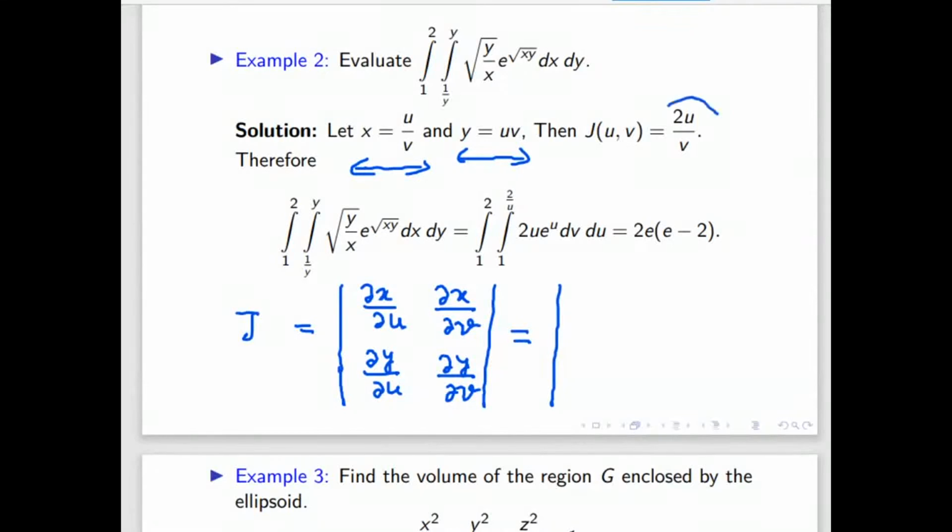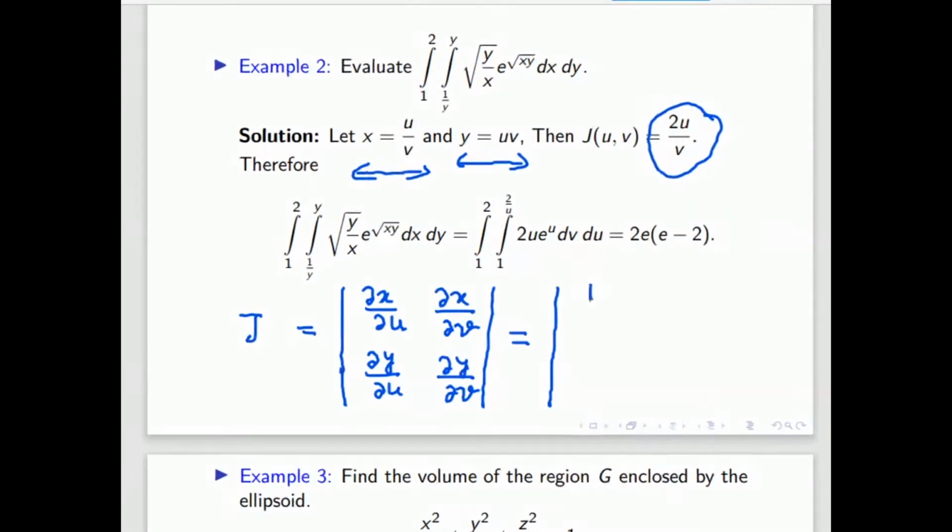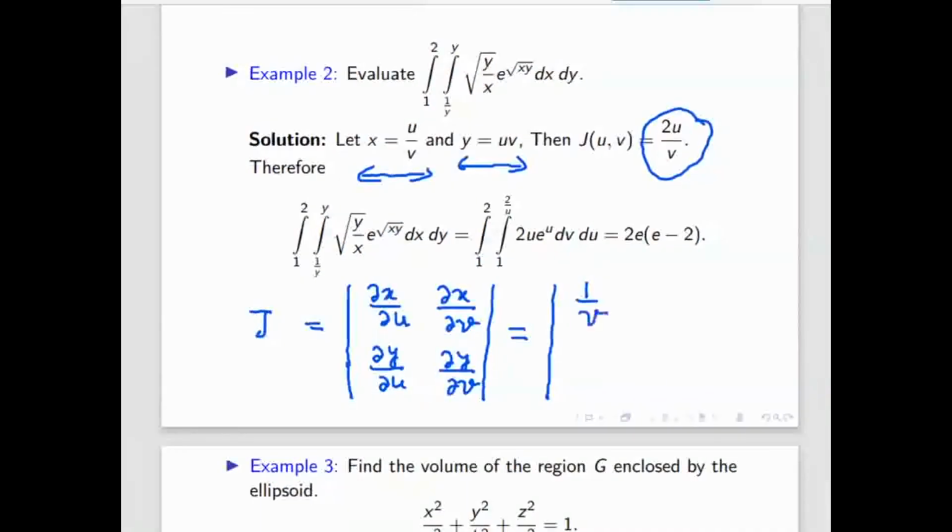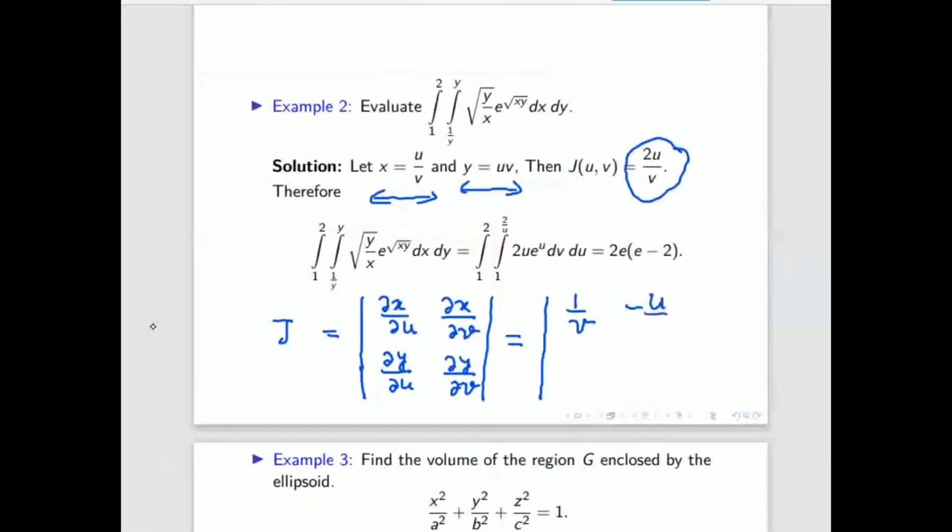So it will come this 2u by v. So what is del x by del u? That means you have to differentiate x partially with respect to u. It will give 1 upon v. Then I will differentiate x with respect to v. Then what will be the differentiation? Del x by del v. It will come minus u upon v square.